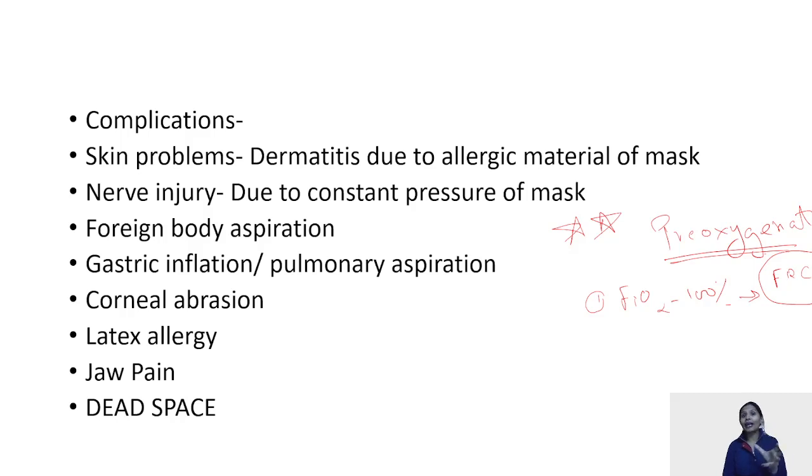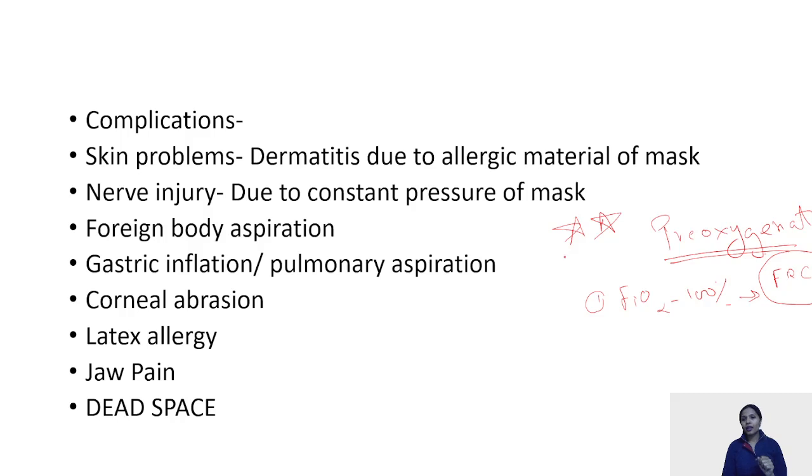So we have to buy that apneic time, for which we pre-oxygenate the patient such that the whole lungs, that is, the FRC, are filled with oxygen. That is the goal of pre-oxygenation. We have to take all the nitrogen out of our body. We have to denitrogenate our lungs.